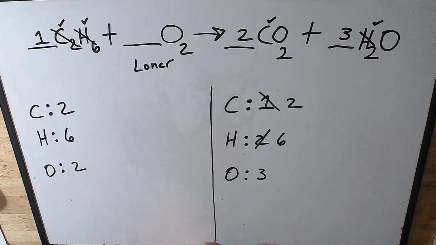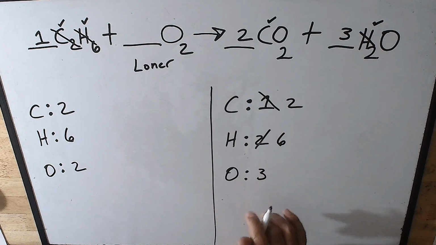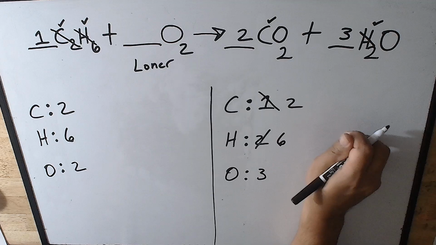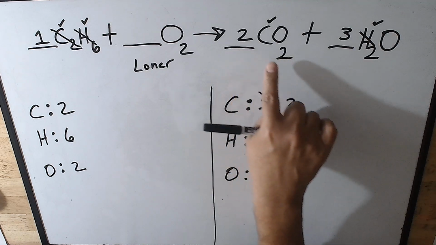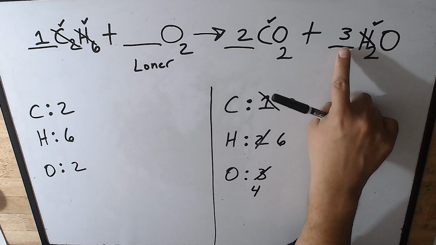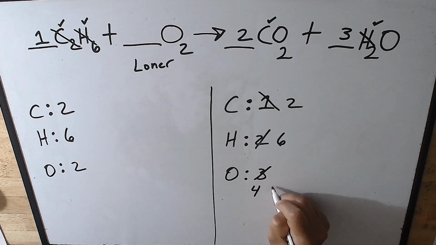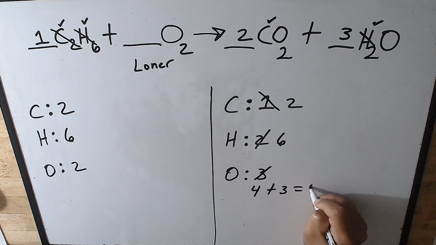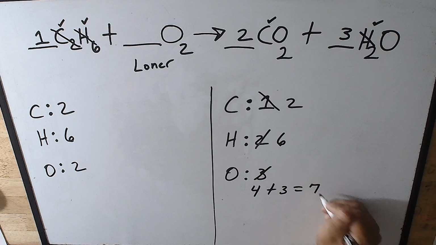So now we need to find out how many oxygen atoms we now have in the product side. So we have 2 times 2 gives me 4, and then plus 3 that we have over here. So we have a total of 7 oxygen atoms so far.